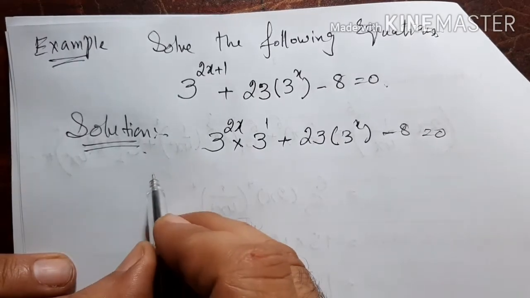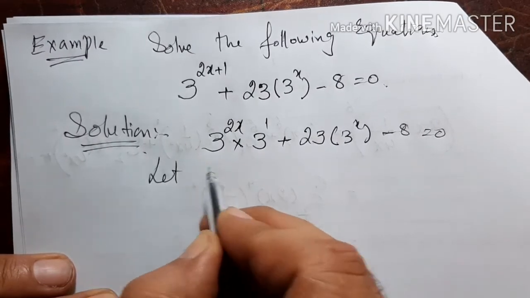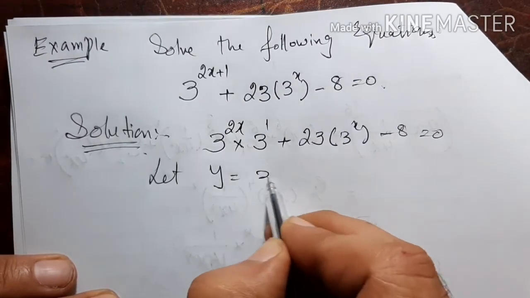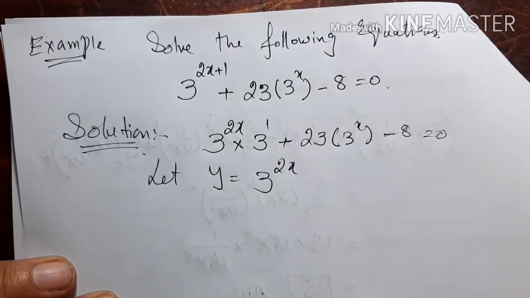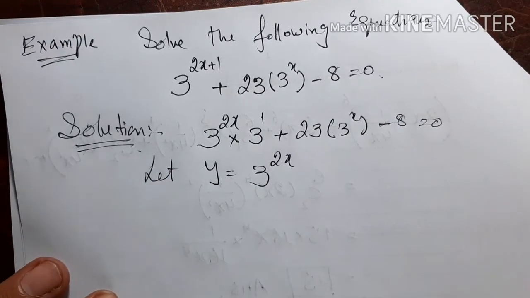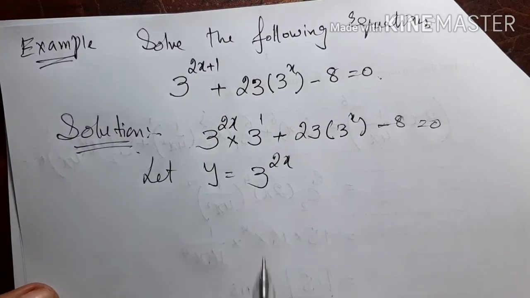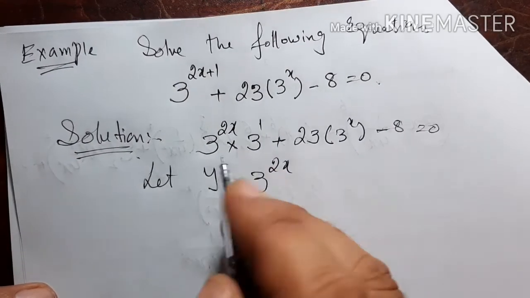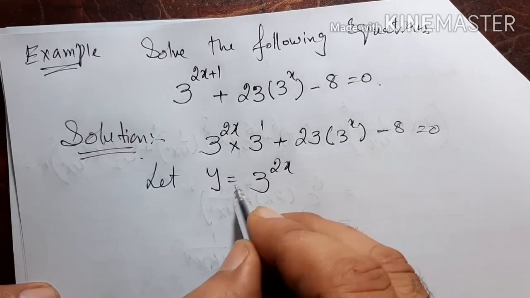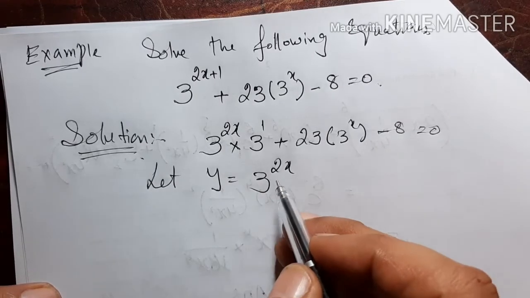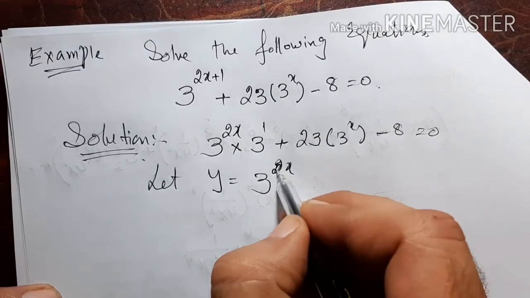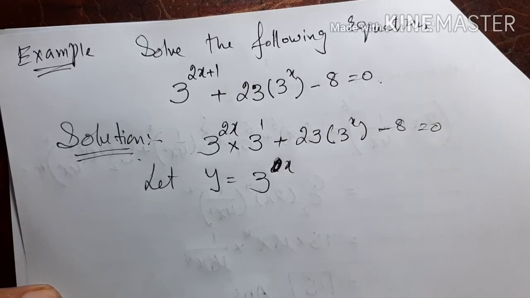Now, we can suppose, because we have to make this equation simple and solvable, that 3 raised to power x is y.